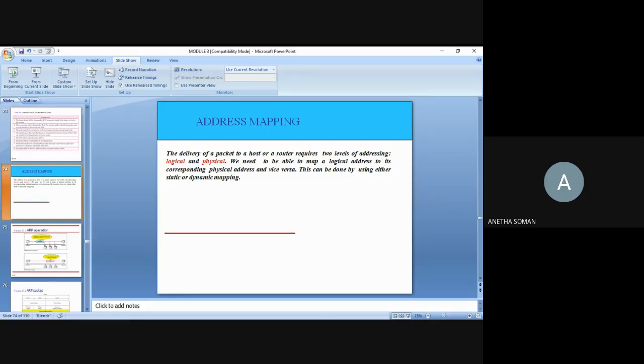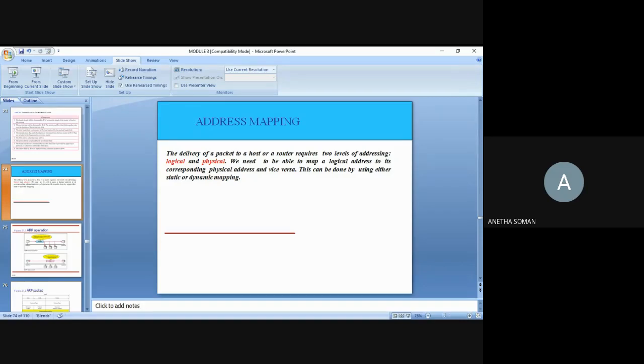If the destination does not belong to the same network, you have to pass through many different physical networks, and only then can you finally reach the destination.